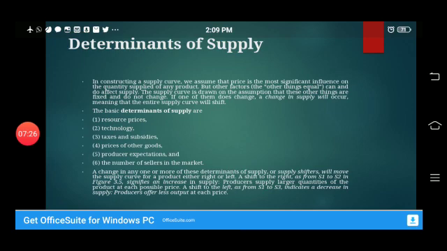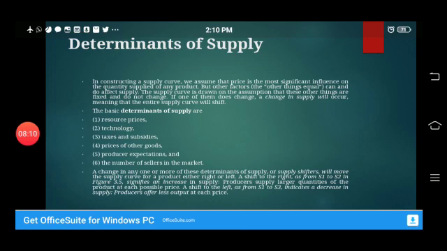Then producer expectations. If the producer is expecting that in future the price of the particular product will increase, what will they do? They will supply less now. For example, if a petrol pump comes to know that tomorrow the price of petrol is going to increase by 10 rupees per liter, they will say that we have no petrol at this point of time, meaning they will artificially show that there is no petrol.